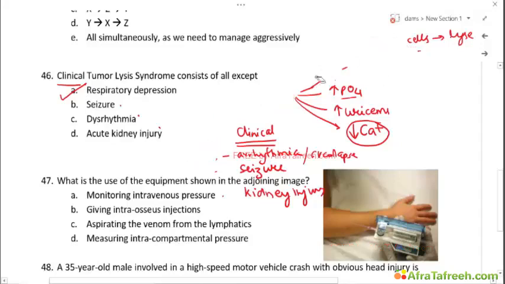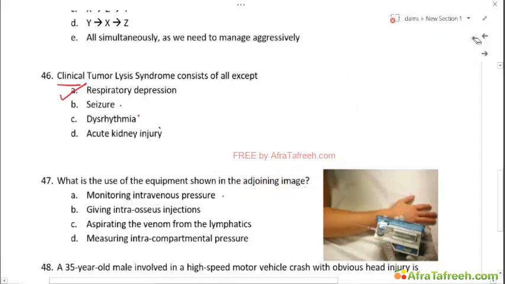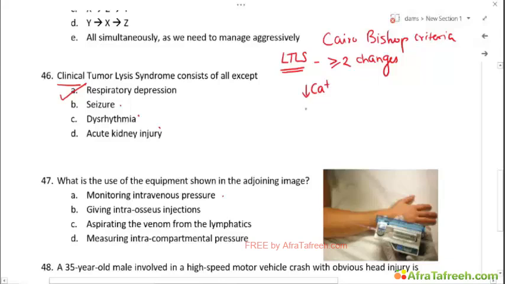Now, there is a formal definition, a proper criteria for diagnosis of acute tumor lysis syndrome, which goes by the name of Cairo-Bishop. For which laboratory tumor lysis syndrome is defined as at least two of the changes. Again, same: hypocalcemia, hyperkalemia, hyperuricemia, hyperphosphatemia.